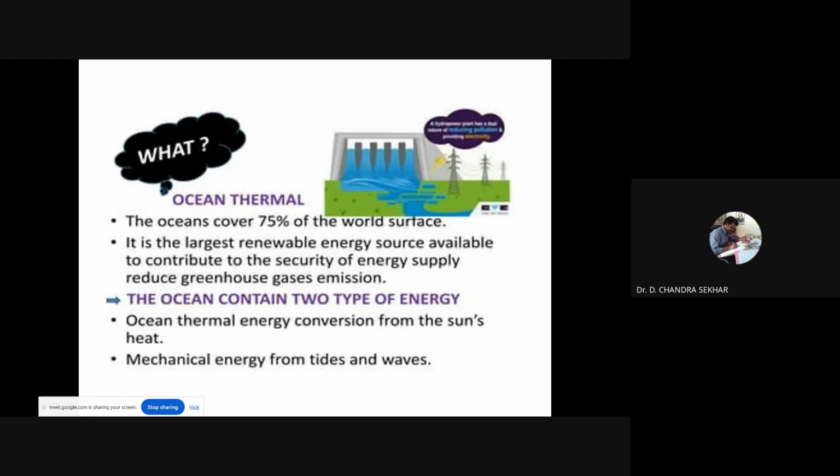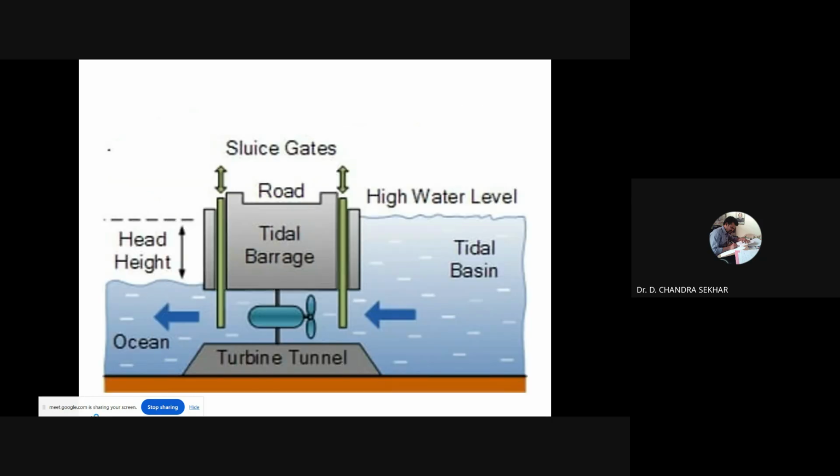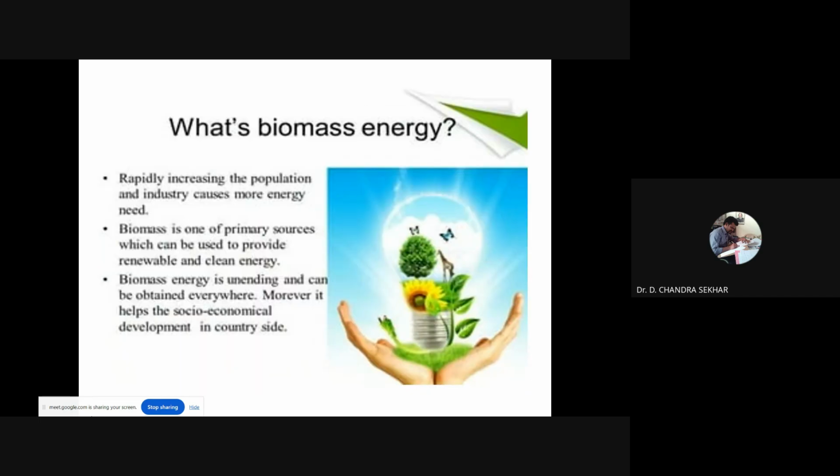And ocean energy: the ocean covers 75% of the world's surface. It is the largest renewable energy source available to contribute to the security of energy supply and to reduce greenhouse gas emissions. So that is ocean energy, and biomass energies.